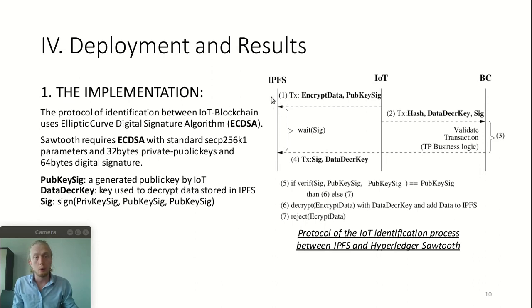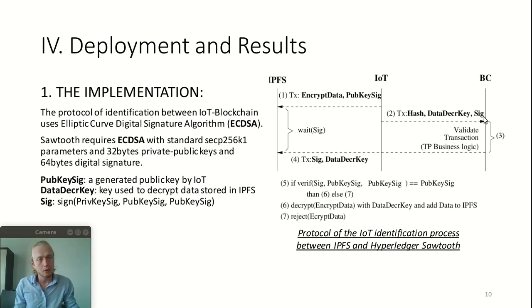The data will wait in IPFS for a signature, and in the meantime the IoT also sends a transaction to the blockchain with the data hash, a data decryption key and a signature. The signature is built with the private key of the IoT and the public key of the IoT as the message, because we didn't know what the message should be, so we just chose the public key as the message.